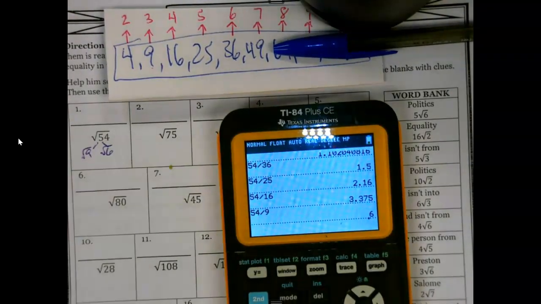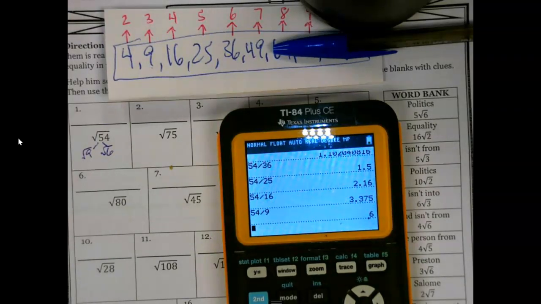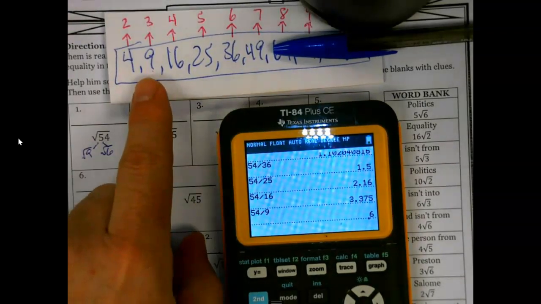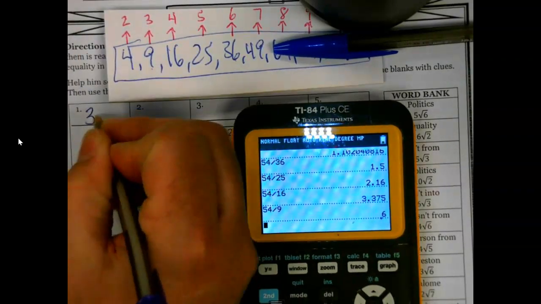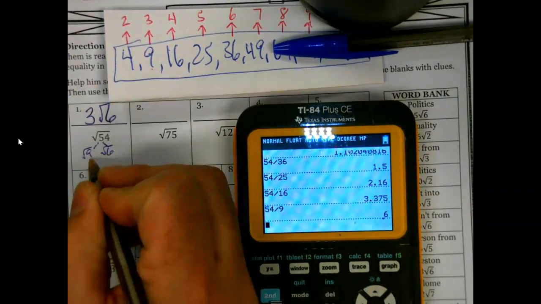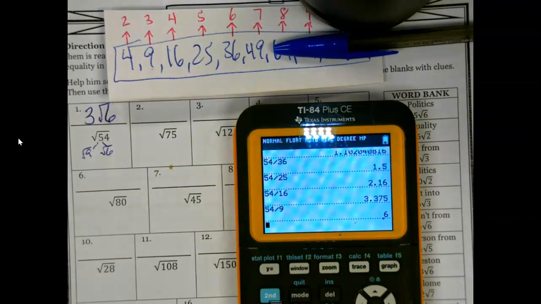So once you get that, the one that's perfect, we just move up to the top, and that's the one that gets to break down. The 6 does not. It stays in radical jail.